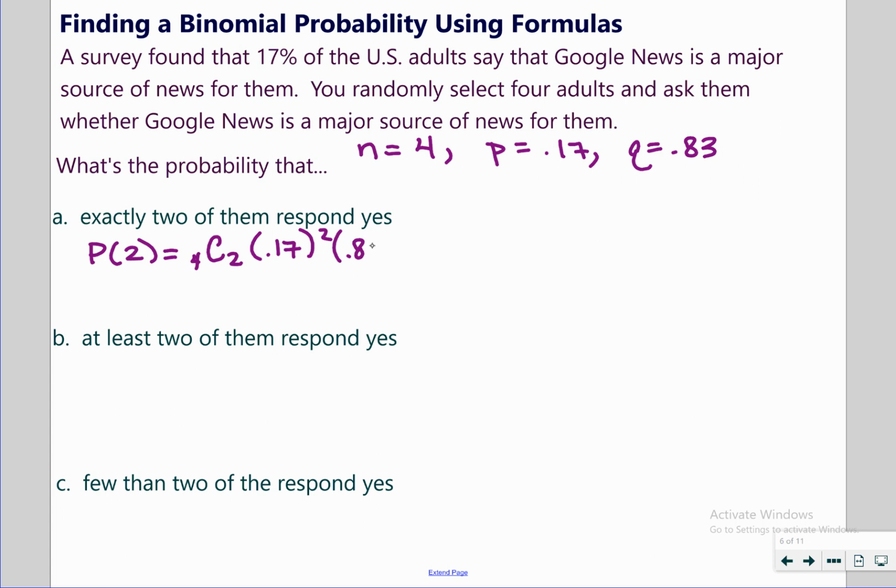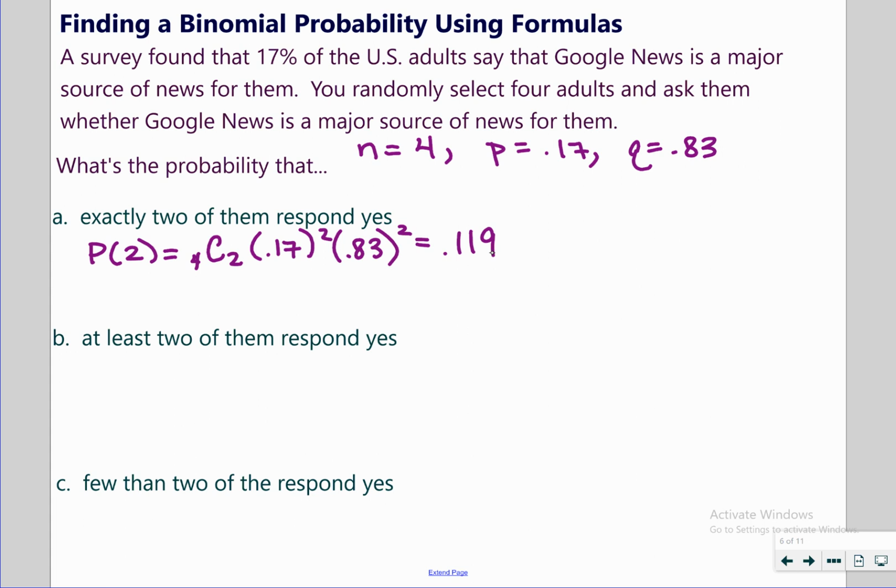And if I have 0.83, what power is it going to go to? Also 2. Type it in your calculator. Okay. 4 choose 2, 0.17 squared, 0.83 squared, 0.119, if I give it 3 decimal places.